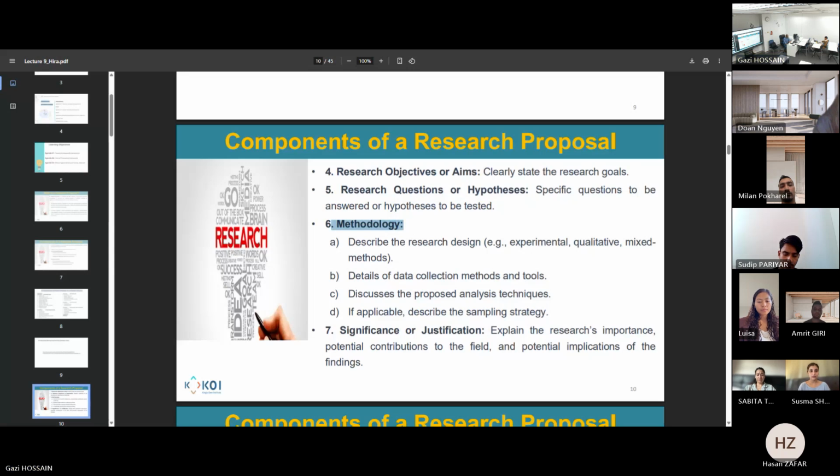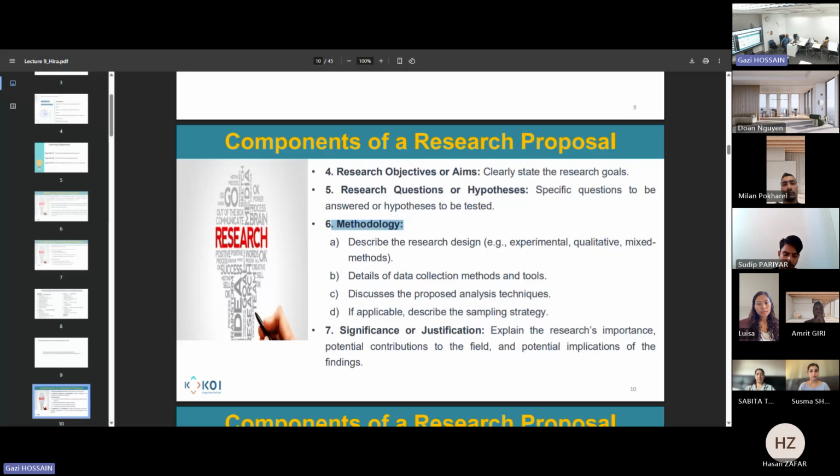We must focus on both, like our two hands. One is data collection, another one is data analysis. Both are included in the methodology.